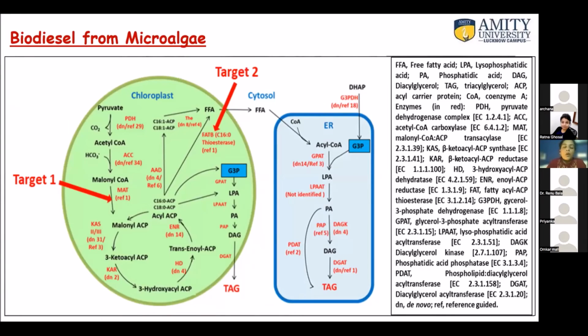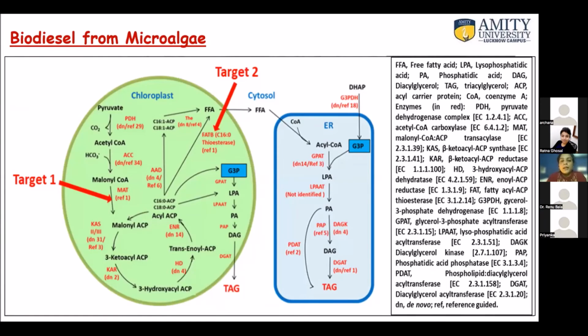Because all of you know, though we have been working on algal biofuel for a long time, researchers are still not getting the perfect result for commercialization because of the economic or cost-related problem. So we have to somehow increase the yield of the lipid.